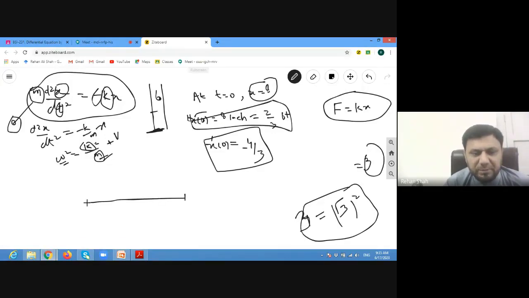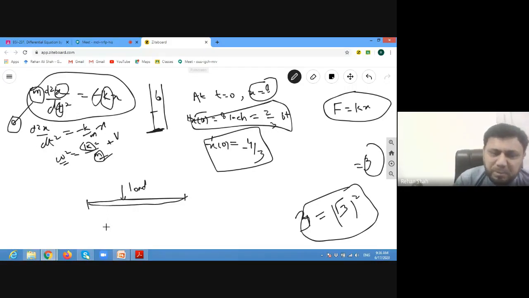Suppose this is a beam. If you apply some load on this beam, this is a load, so it may become bent in this way. Okay ji? So the bend moment M is the moment of the bending.